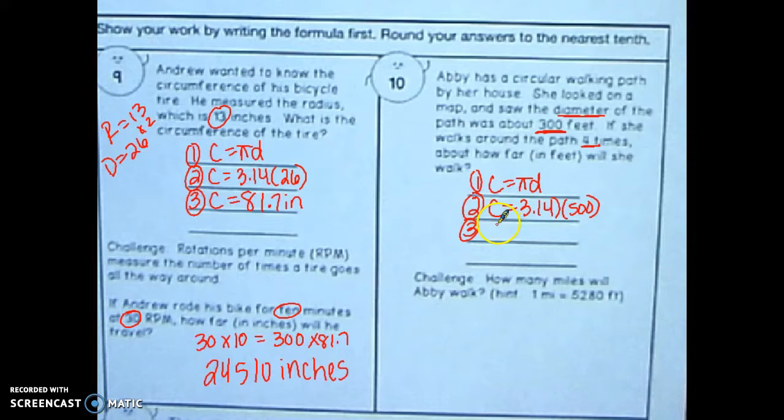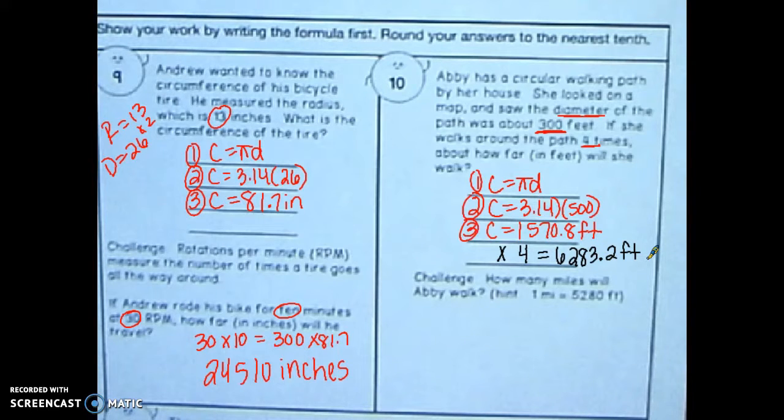And that means that the circumference is 1,570.8 feet. It asks, if she walks the path 4 times, how far in feet will she walk? So I'm going to multiply this by 4. And that will be 6,283.2 feet.